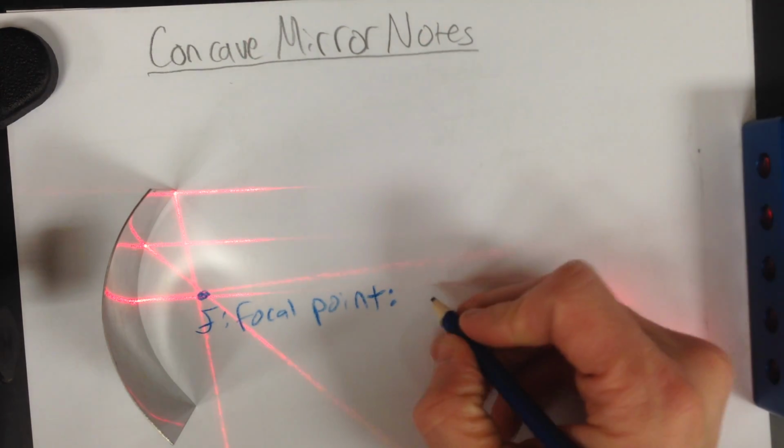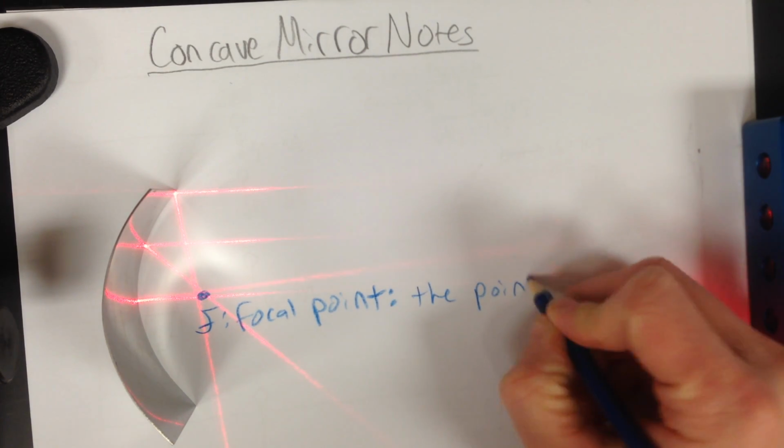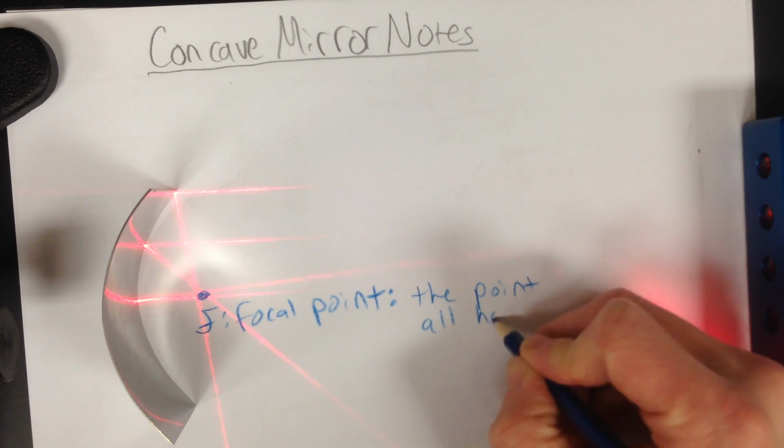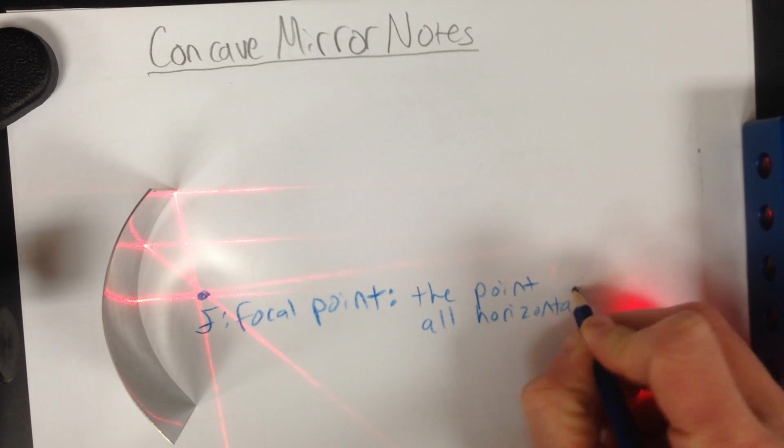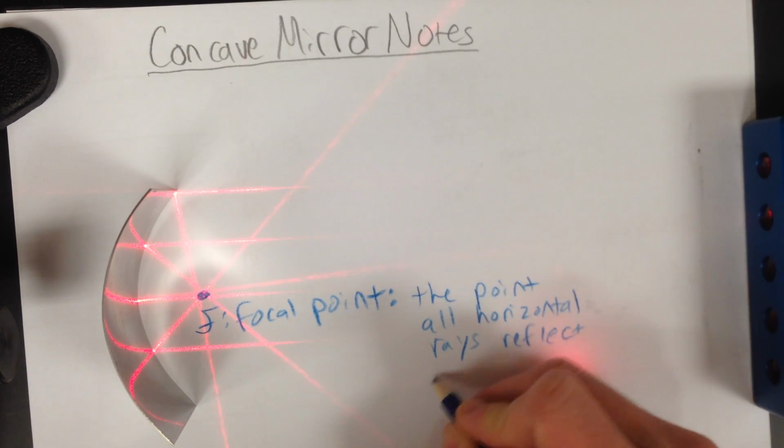The focal point is the point all horizontal rays reflect through.